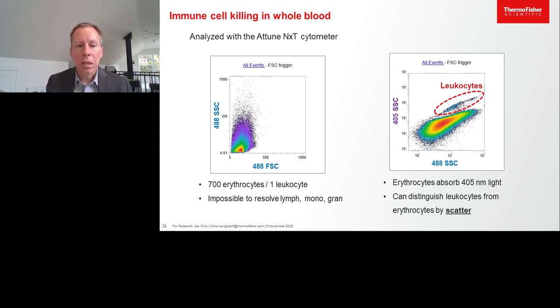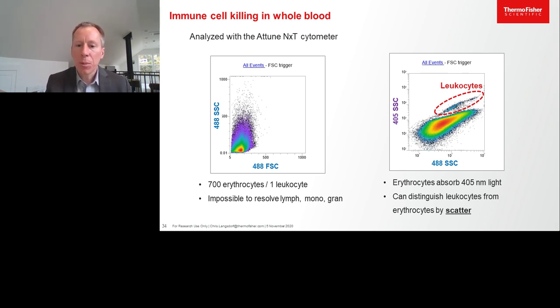Now, fortunately, the Attune has a feature by which we can use a special side scatter kit that we can detect side scatter on both the violet laser and on the blue laser. And what we're doing here is taking advantage of the fact that our red blood cells absorb light in the violet range of the spectrum, around 405 nanometers.